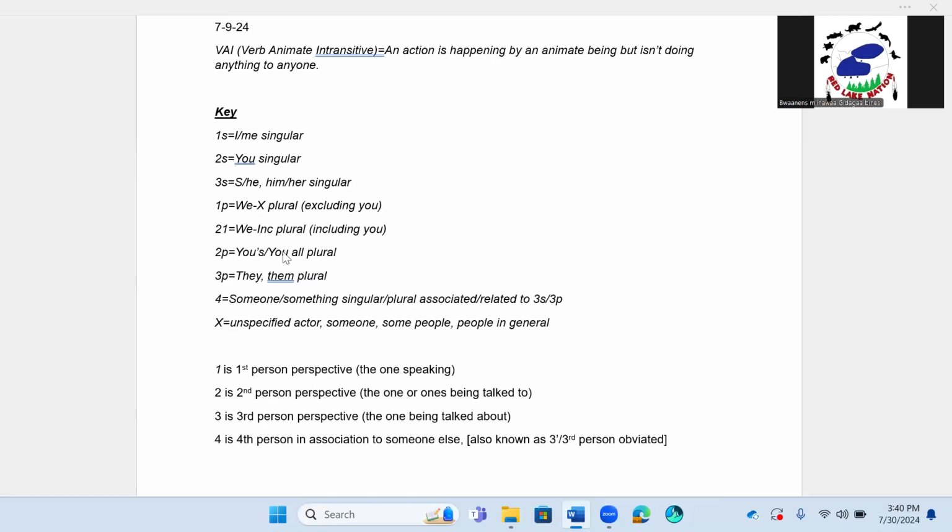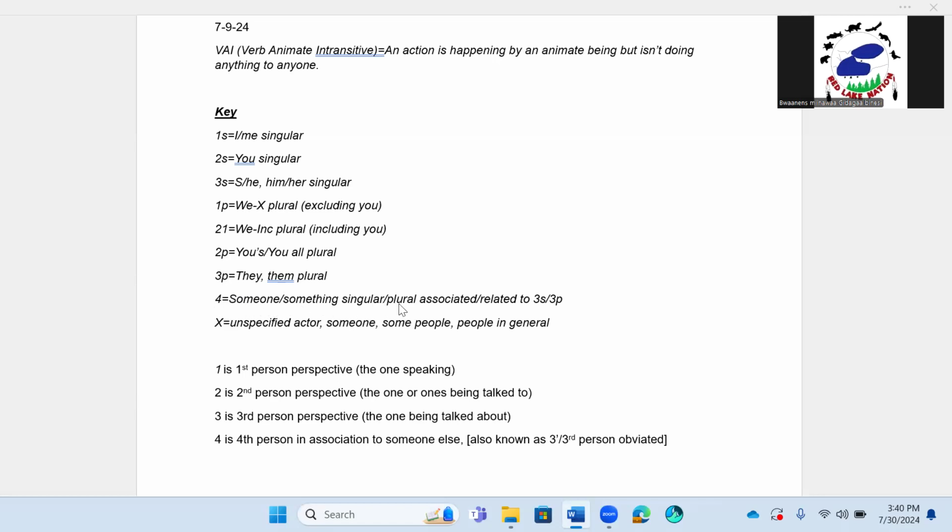2P, youse or you all, second person plural. 3P, they, them, plural, third person perspective in the plural form. Them ones over there, they. Four means someone or something.